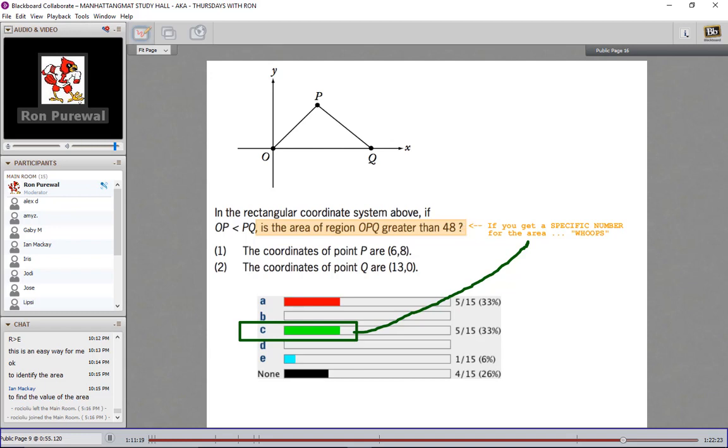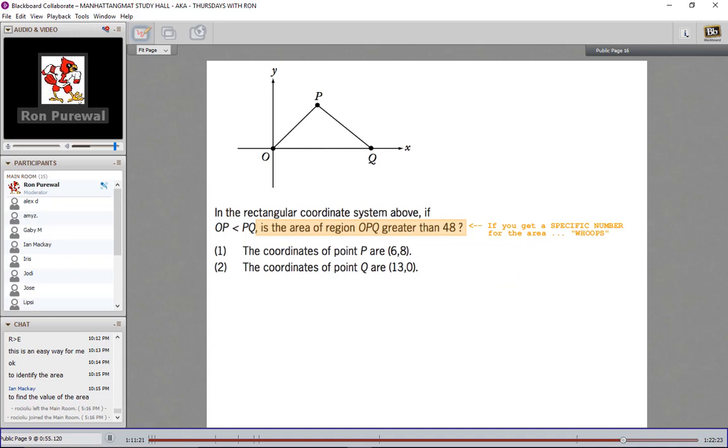Let me see a smiley face if this makes sense. Goal setting is super important, because if you think you're going to find a triangle, that means you have already lost this game before you even start playing. So when you see this, you should absolutely 100% expect to find whether the area is greater than 48.